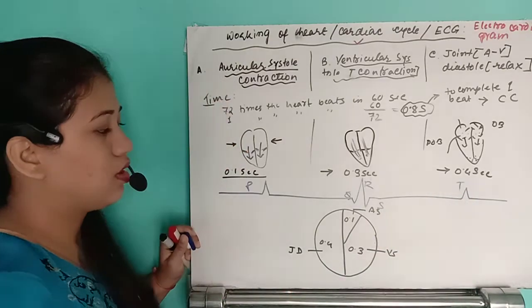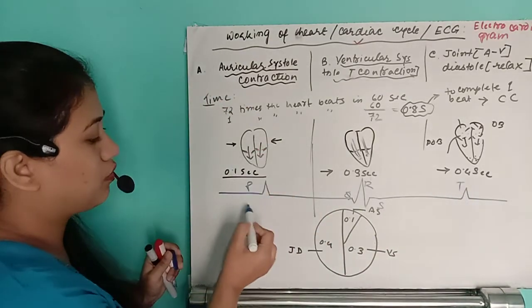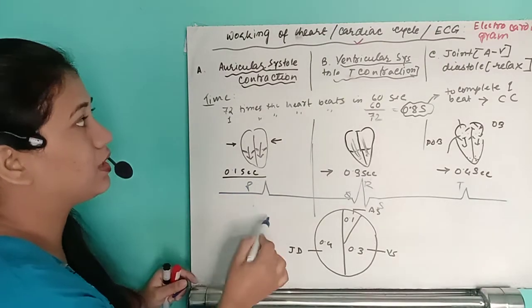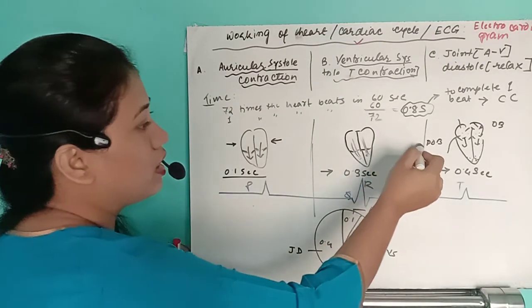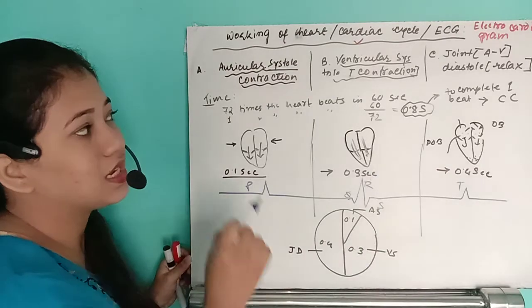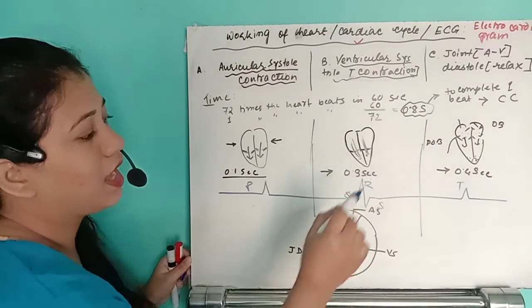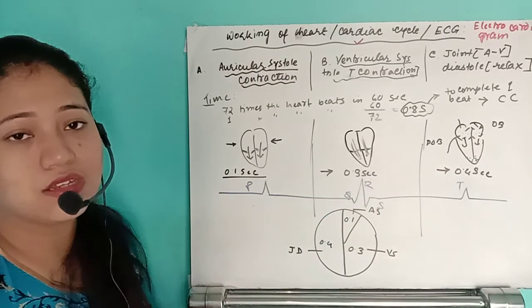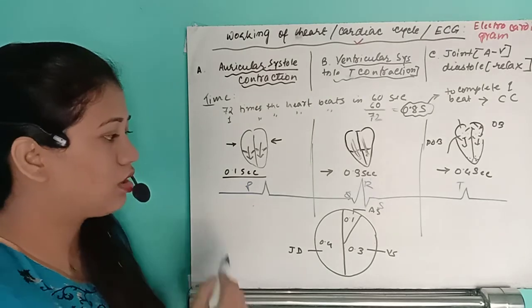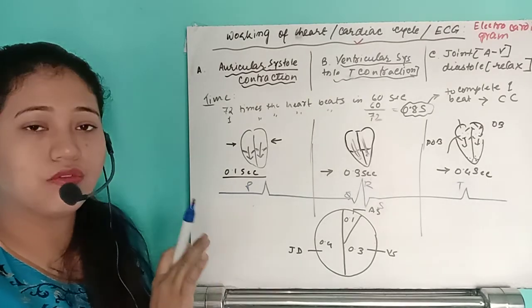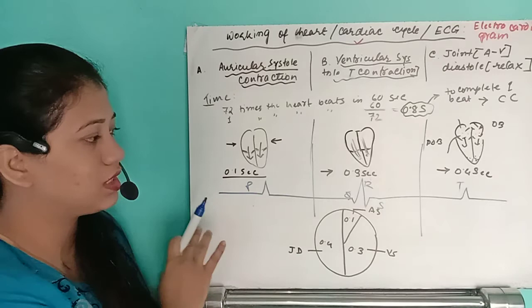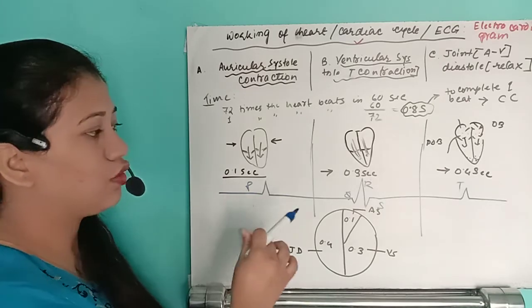So the auricular systole will have the P wave. The P wave indicates the auricular systole, the QRS complex will indicate the ventricular systole, and the T wave will indicate the joint diastole. The complete beating will occur within these three waves: P, QRS and T.